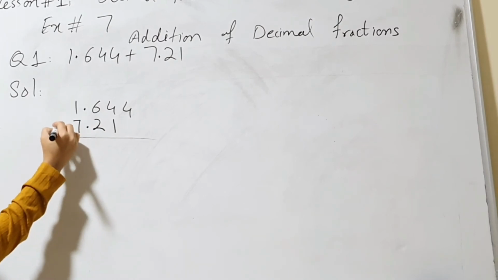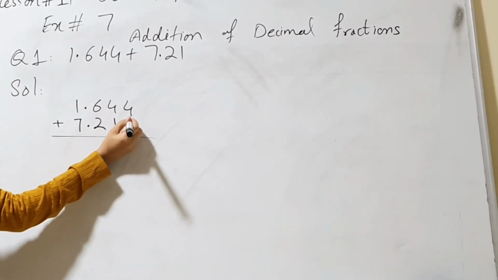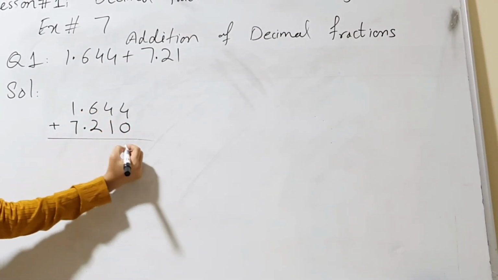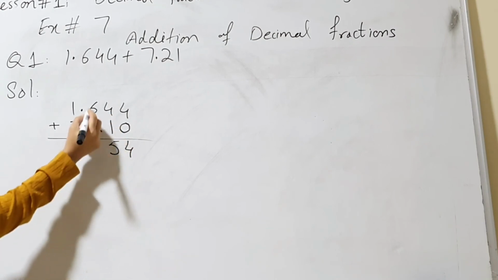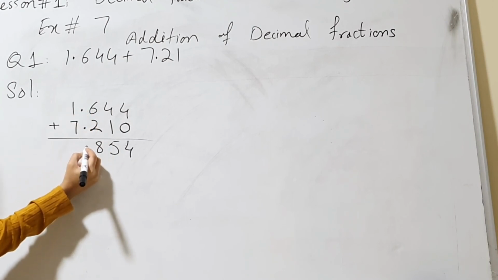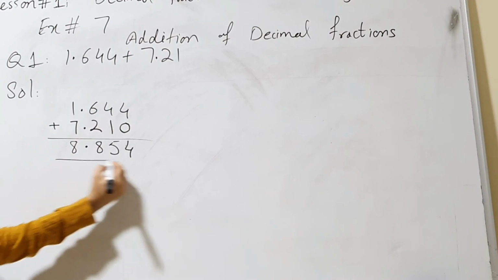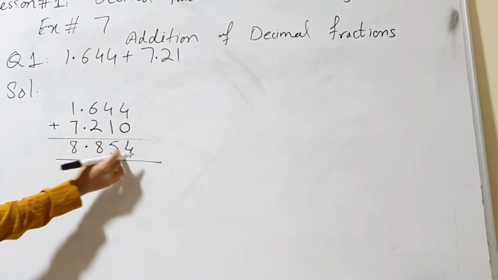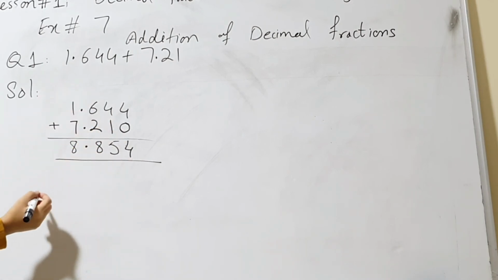And now you will add with your conventional method, or you can put here the 0 if you have any confusion. So 4 plus 0 will be 4, 4 plus 1 will be 5, 6 plus 2, 8, point as it is, 7 plus 1, 8. So you will get the answer 8.854.